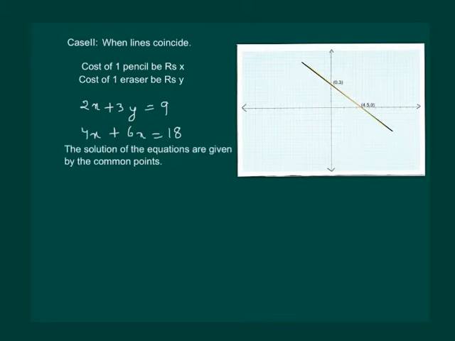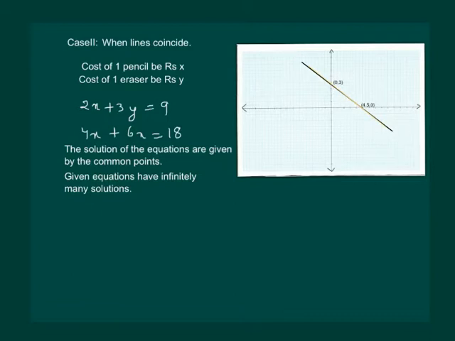By now we know that the solutions of the equations are given by the common points. The coincident lines have infinitely many common points, so the given equations have infinitely many solutions.